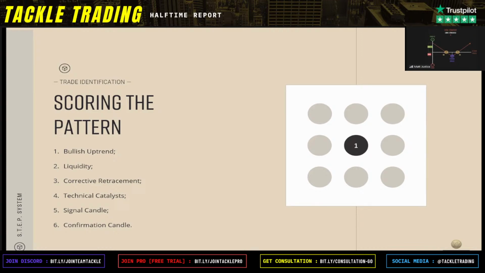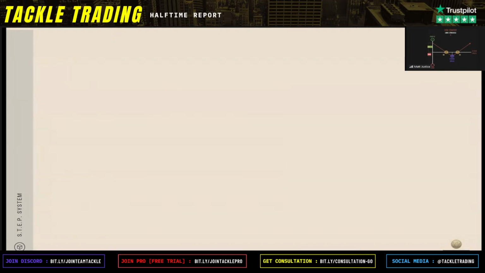What is that signal candle and how do we identify it? Because the signal candle is kind of the get ready candle, right? And write that down. Get ready. It's not the trade. That's the confirmation candle. The signal candle is the ooh, I kind of like it. Now we just need to see some confirmation there. We're going to get into what that looks like here tonight as well.